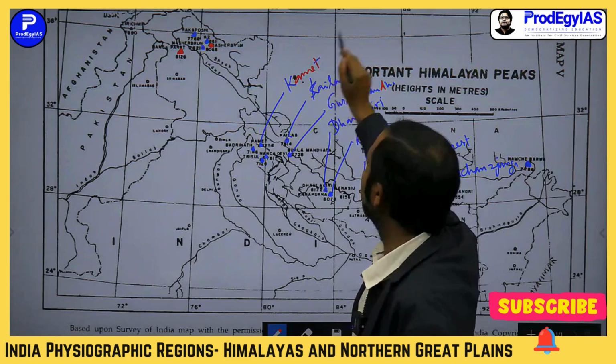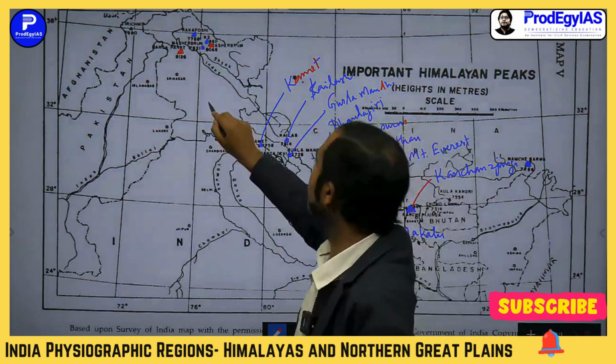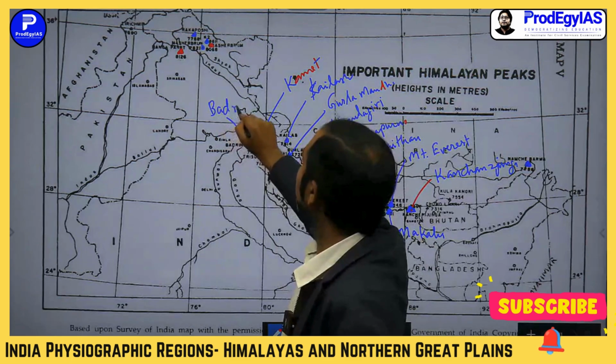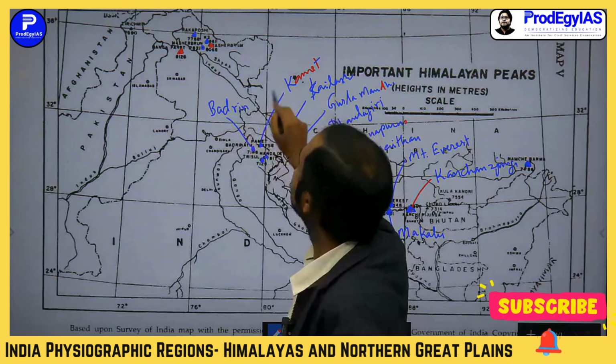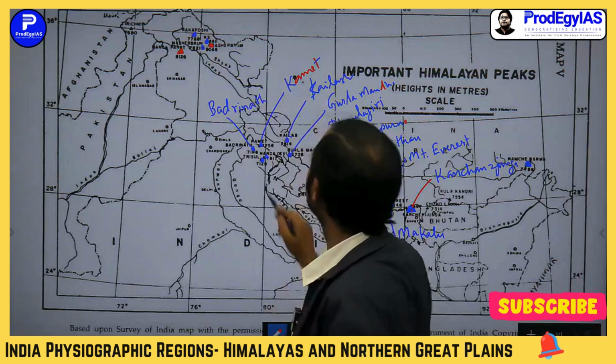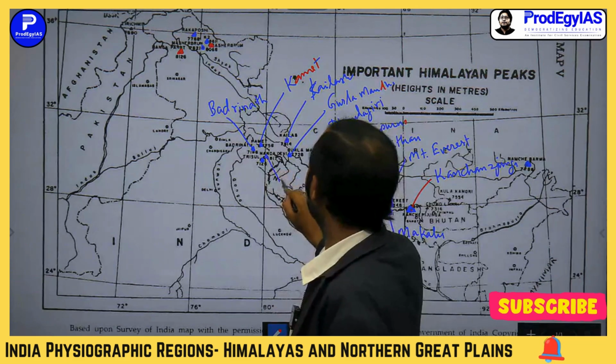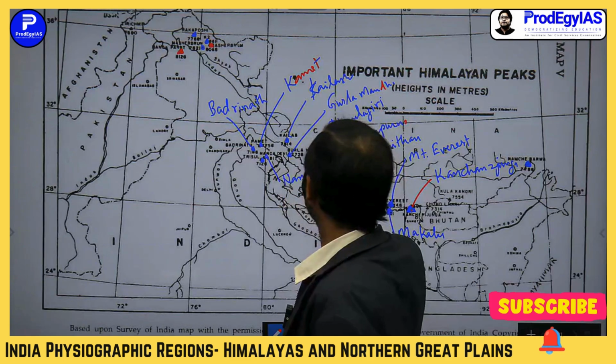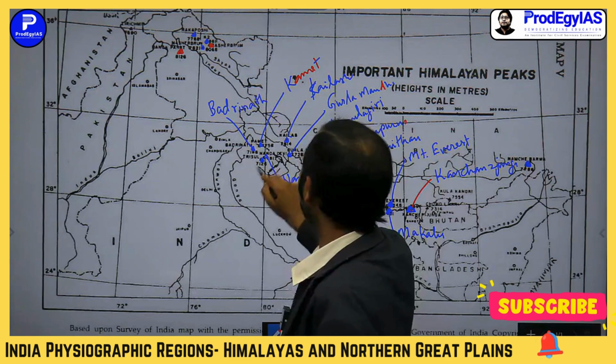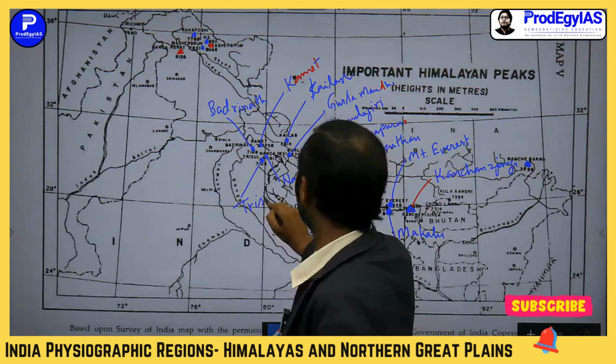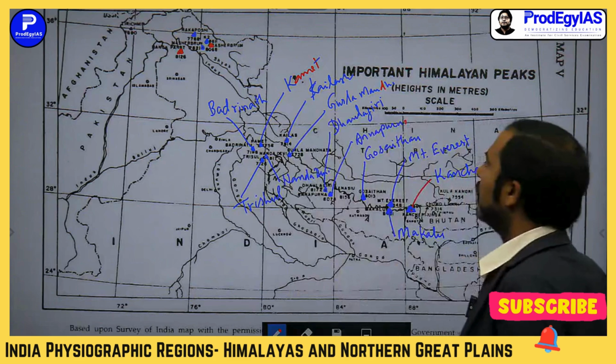They all are in Uttarakhand. Badrinath, famous Hindu pilgrimage. Nanda Devi National Park. Trishul. Okay.